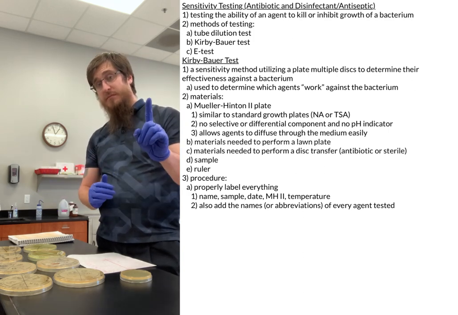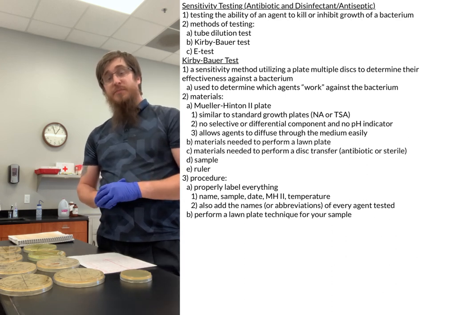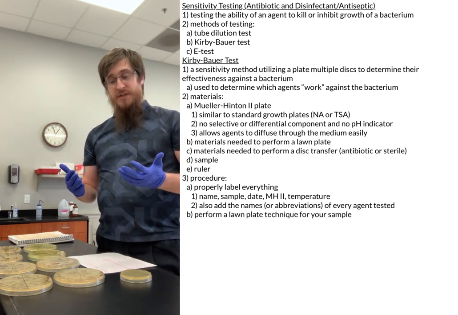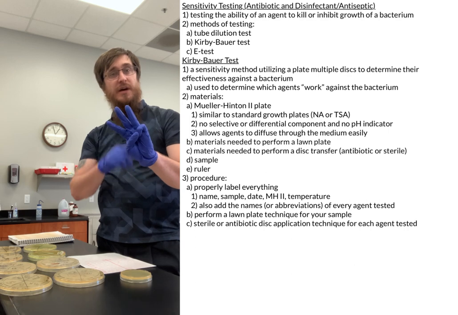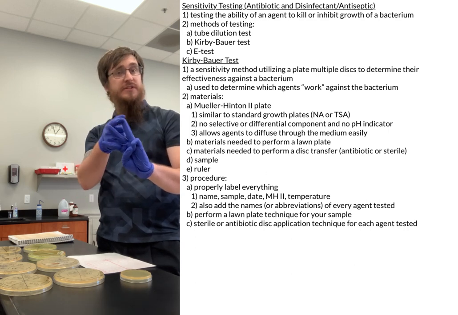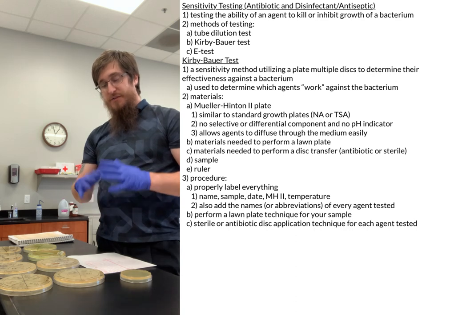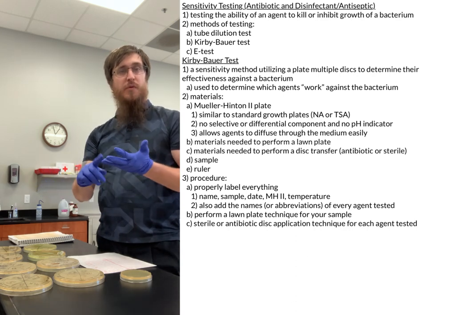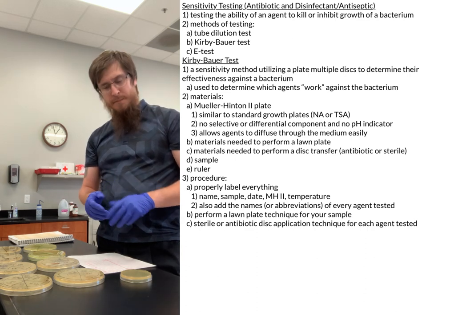So step 1, label. Step 2, do a lawn plate. You're just going to use your standard lawn technique to put your sample all over the plate. After that, you're going to do your sterile disc application or your antibiotic disc application, depending on which lab you're doing. You're just going to perform that technique for however many discs we're going to put on the plate.